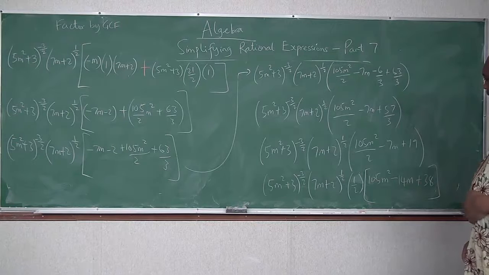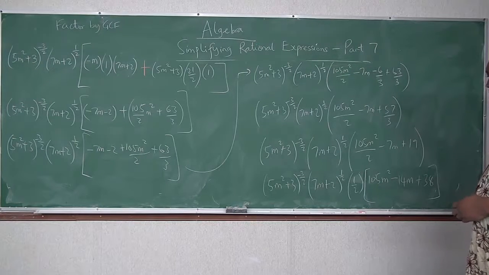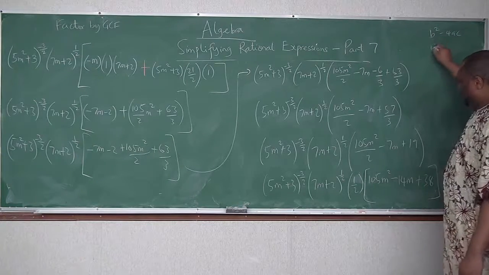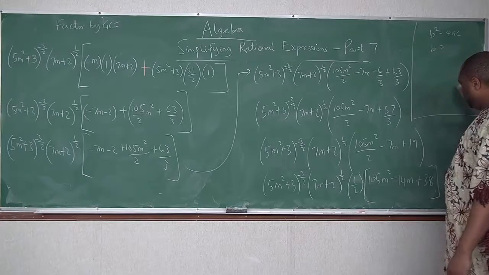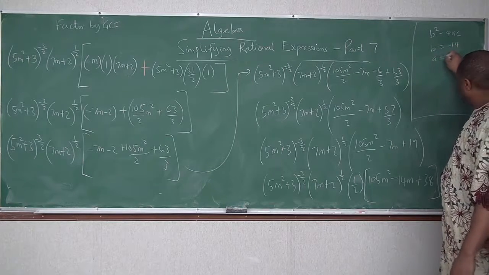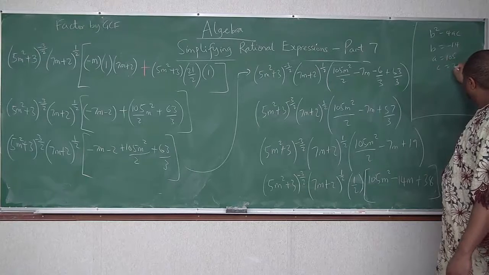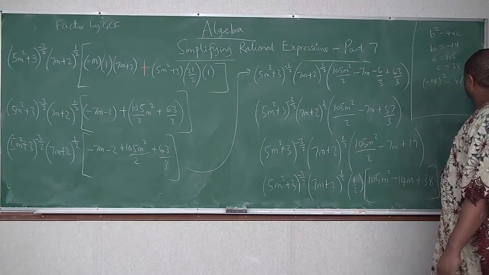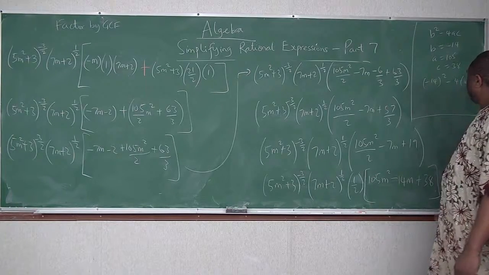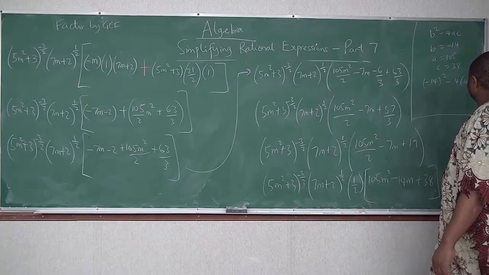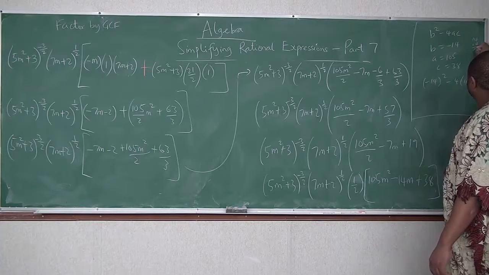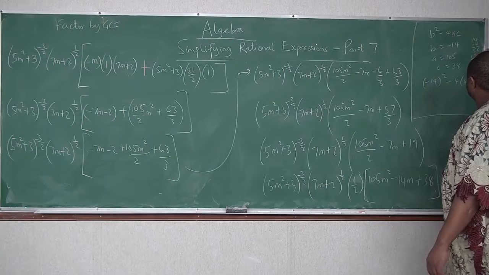Before I begin to try, let's look at the discriminant. Discriminant is b squared minus 4ac. b is negative 14, a is 105 and c is 38. So negative 14 all squared minus 4 times 105 times 38. 14 squared is 196.